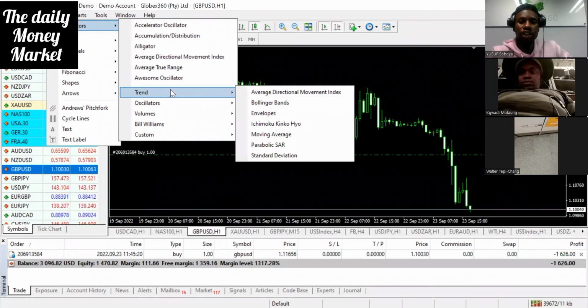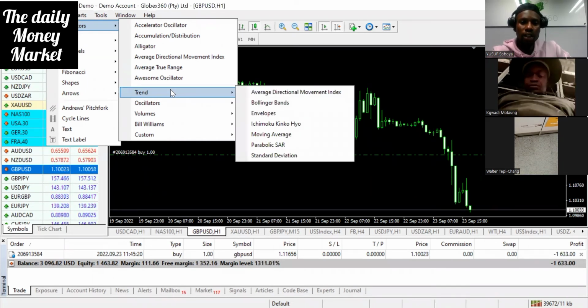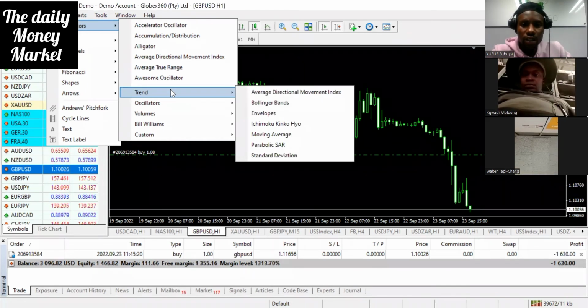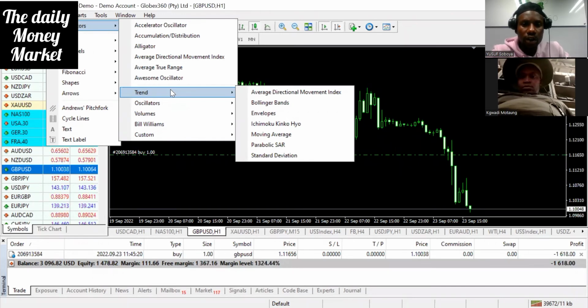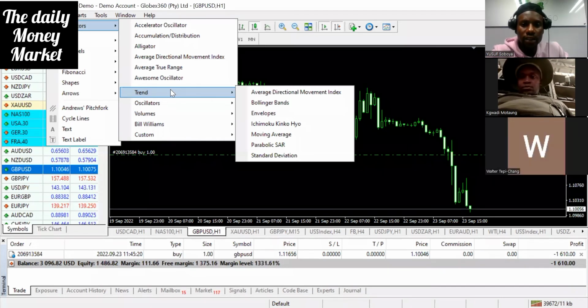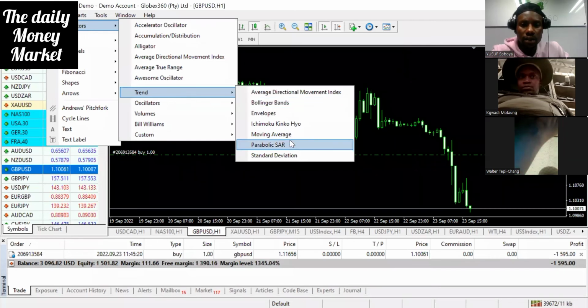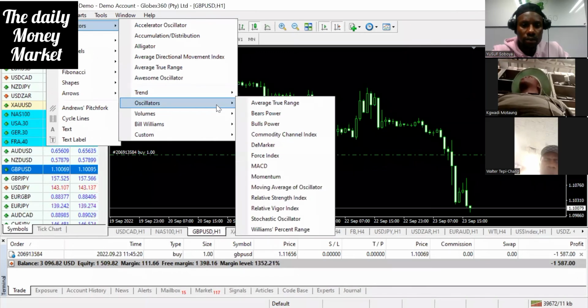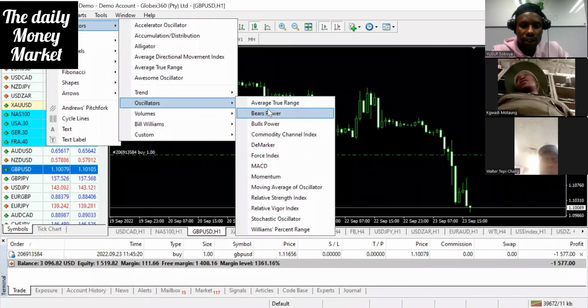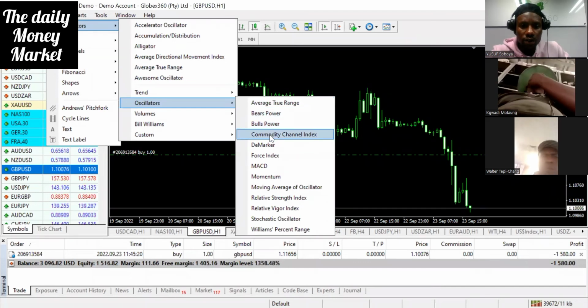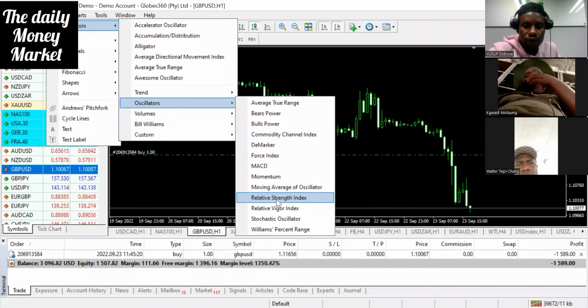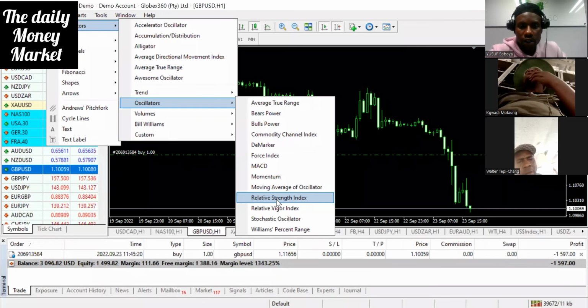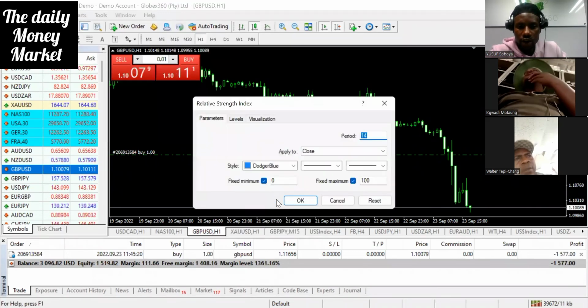I have to look at the trend indicators. Where is the RSI? Oscillators. Okay, relative strength index, so we got it. It's under the oscillators indicators.